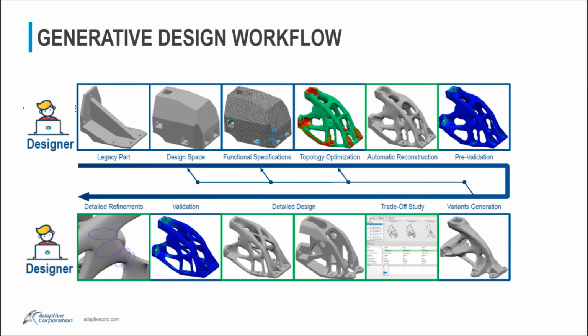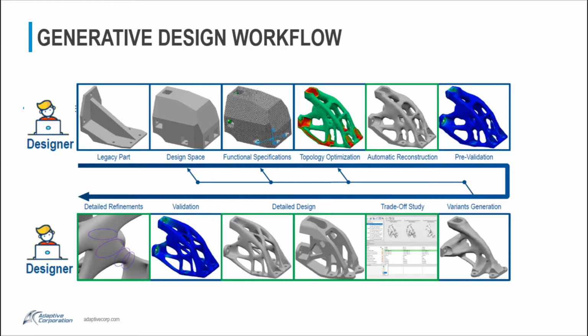Here is the workflow for the new discipline of generative design. As you can see, this process starts and ends with a single designer. Starting in the top left, you can see how the legacy part is made into a design space model, meshed for analysis, and then optimized. The designer enters the load specifications through an intuitive workflow assistant to make sure all relevant information is present.